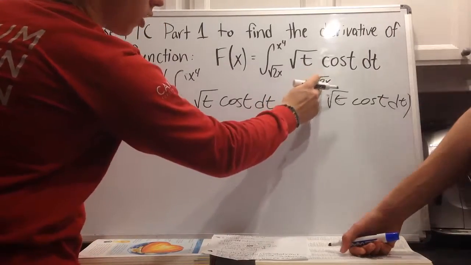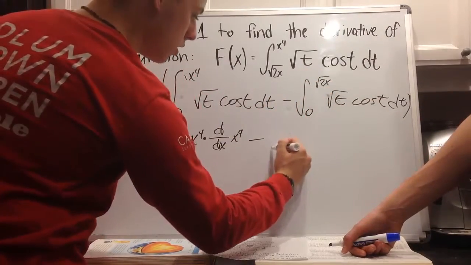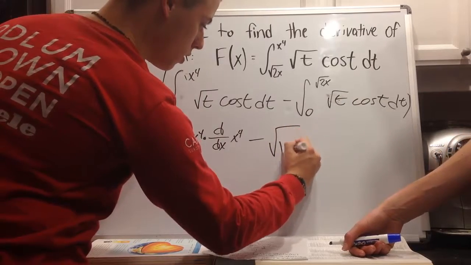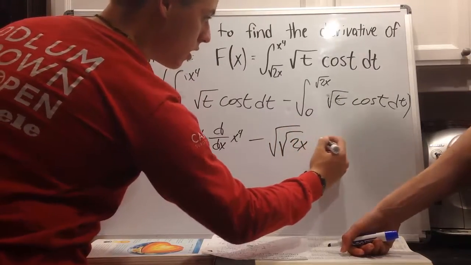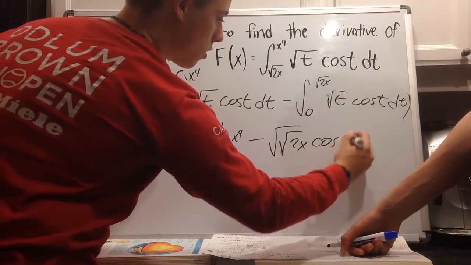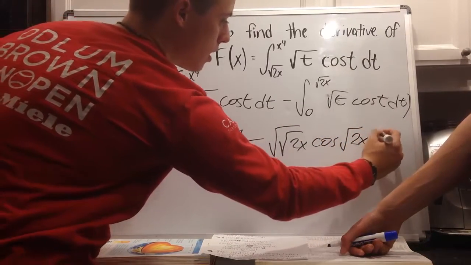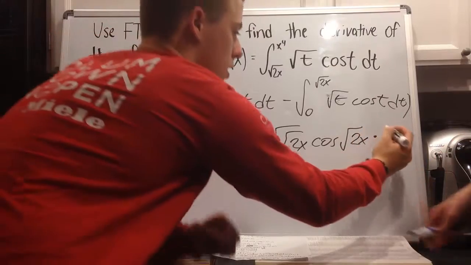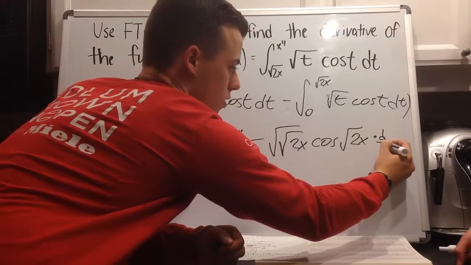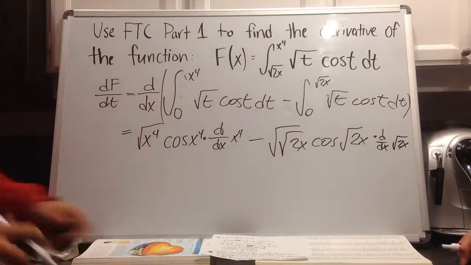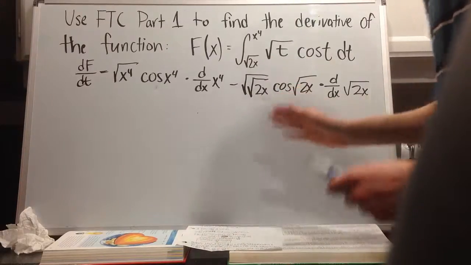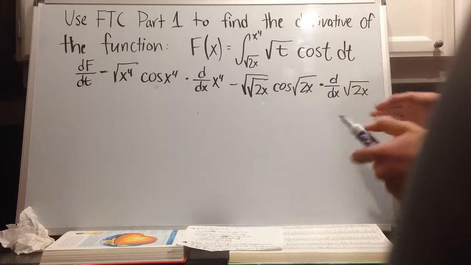Put 2x, the lower limit, in for t. So subtract from it the 4th root of 2x cosine root 2x, and then multiply that times the derivative of root 2x. Okay, so we've got this far and we have the derivative.